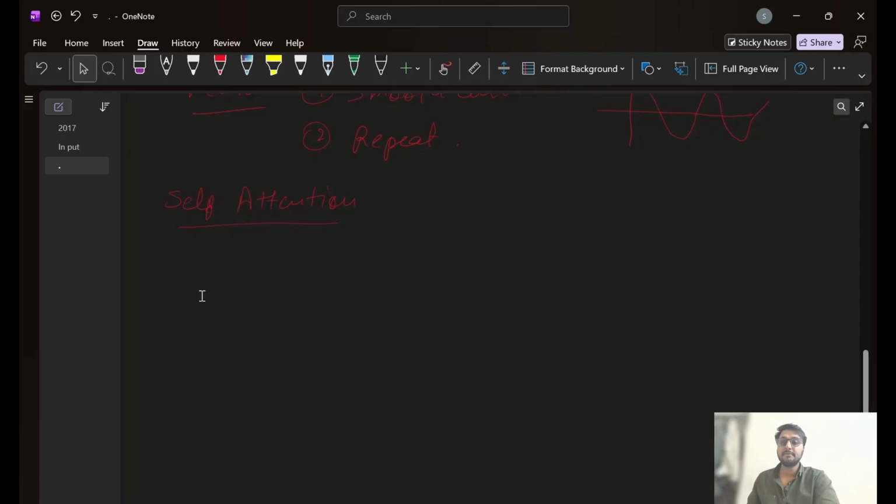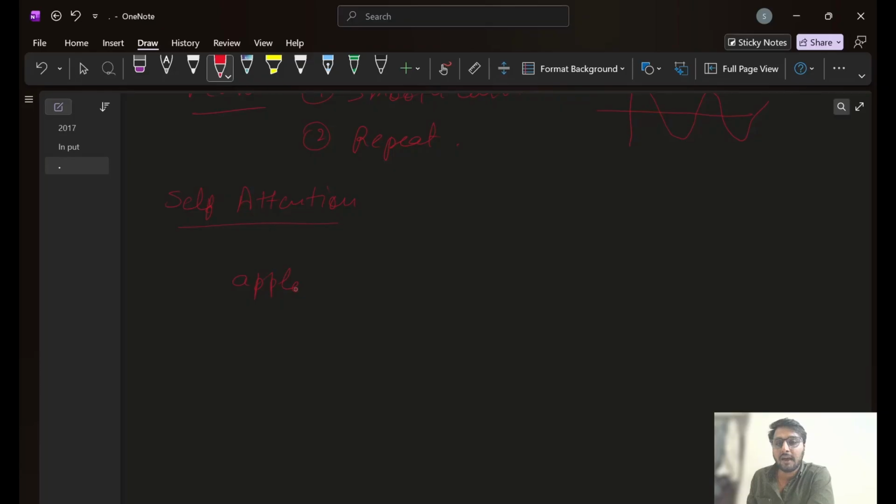Previously we did not have any mechanism that can extract context from the sentence, from the word. Let me give you an example first, and after that you can understand easily.